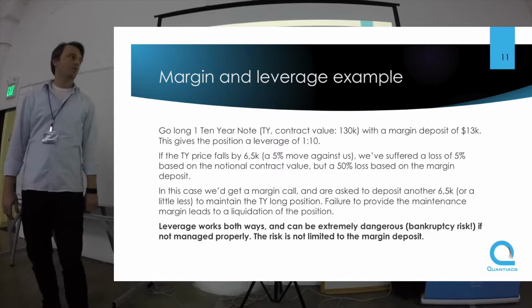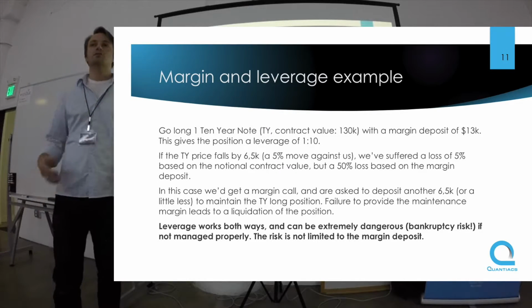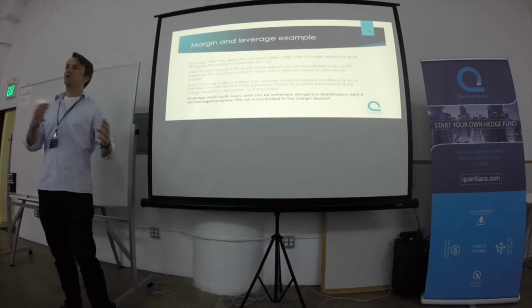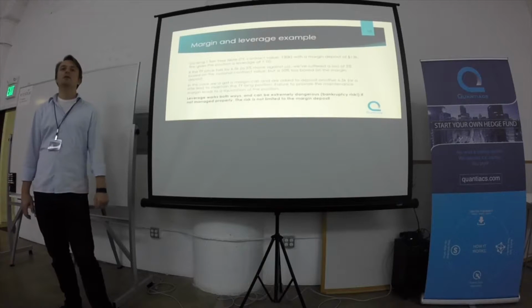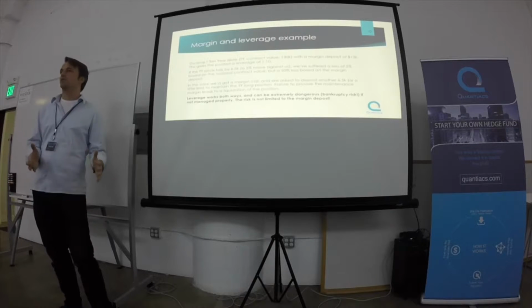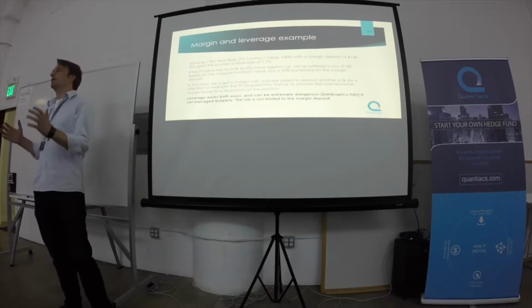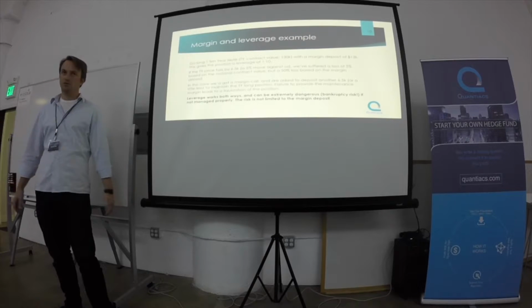So that's why quants can really focus on optimizing the Sharpe ratio, which is the performance to volatility ratio, rather than the overall pure performance of their strategy. Because the investor is the one who decides with what kind of volatility they want to trade your strategy.